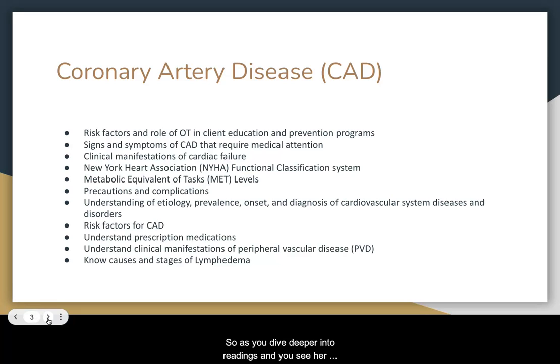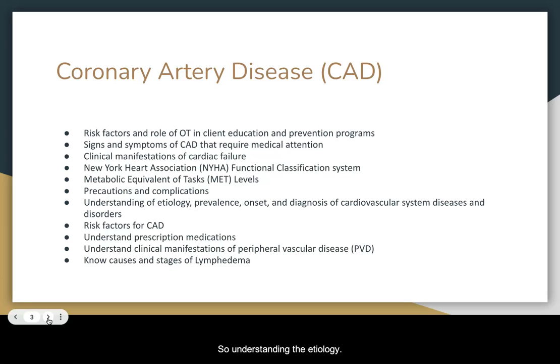So as you dive deeper into your readings and you see coronary artery disease, or CAD, some of the specifics that you'll need to understand are the risk factors and then our role in education and prevention programs. When you think about coronary artery disease and atherosclerosis, which is the process that narrows the lumen of the coronary arteries, resulting in ischemia to the myocardium, so basically plaque building up within the arteries that could lead to a whole host of issues for the client, which affects their heart.